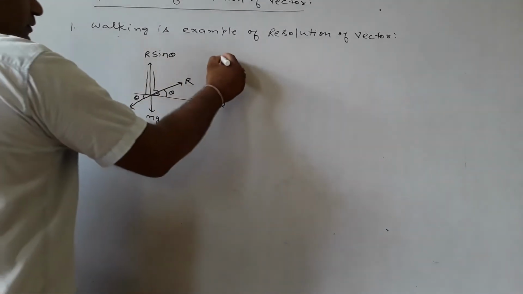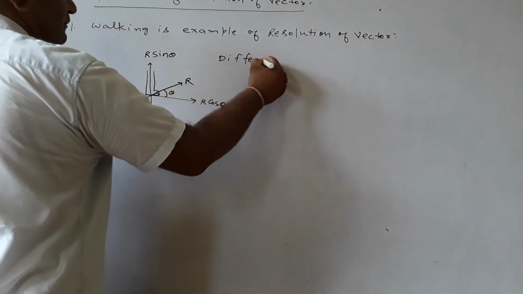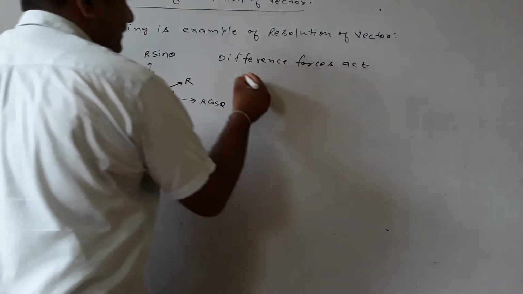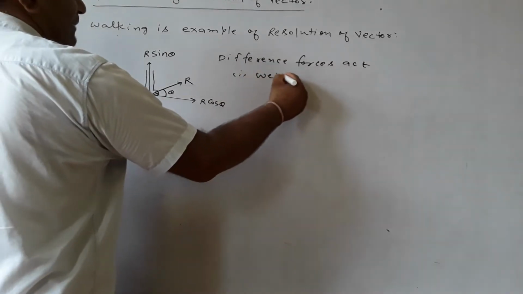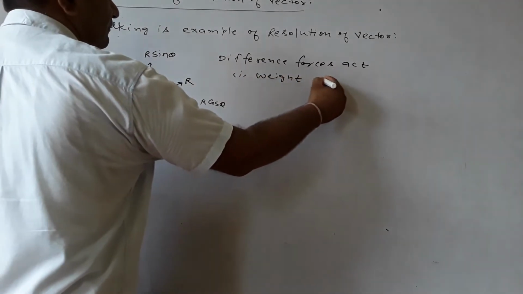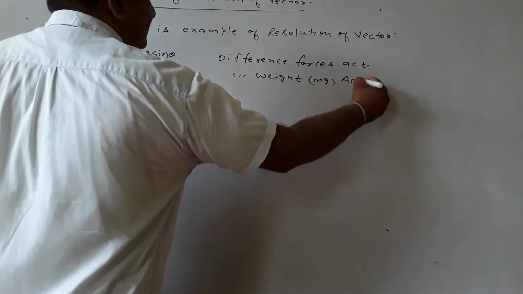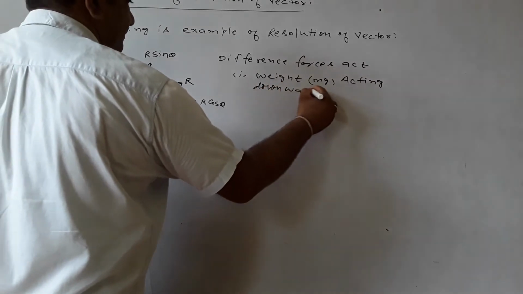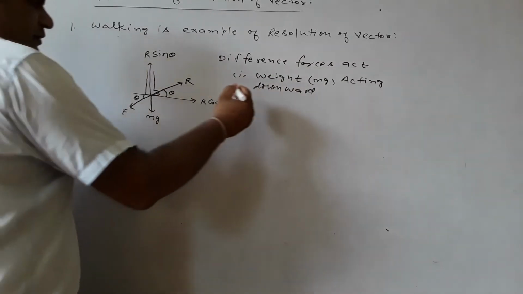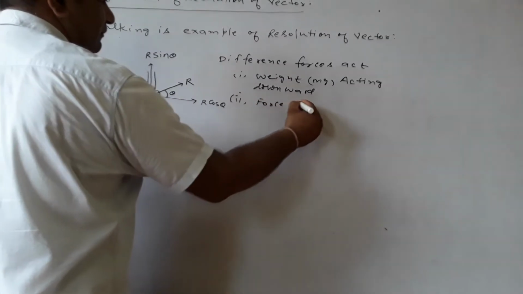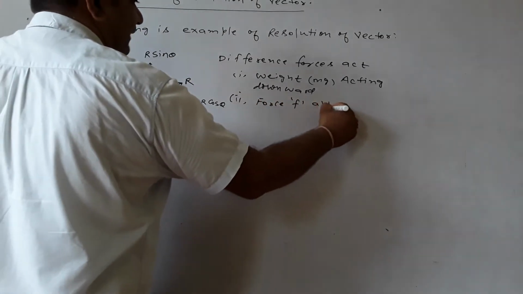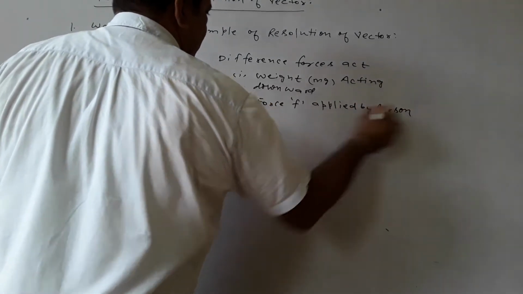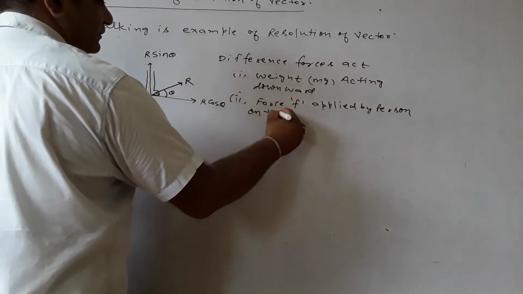Now, different forces act. First, weight mg acting downward. Second, force F applied by the person on the ground.